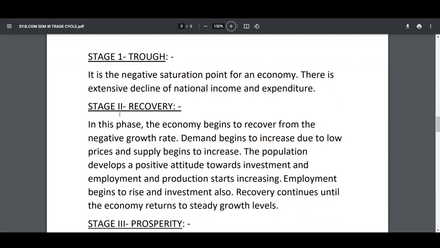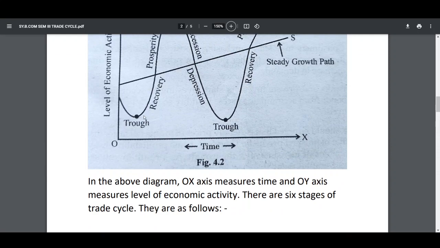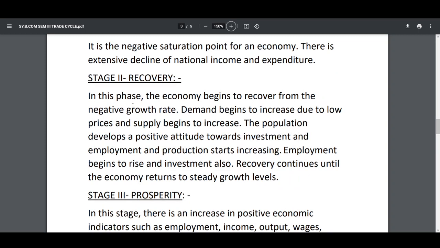Stage 2, recovery. In this diagram, from here to here, recovery. In this stage, the economy begins to recover from the negative growth rate. Demand begins to increase due to low price and supply begins to increase.